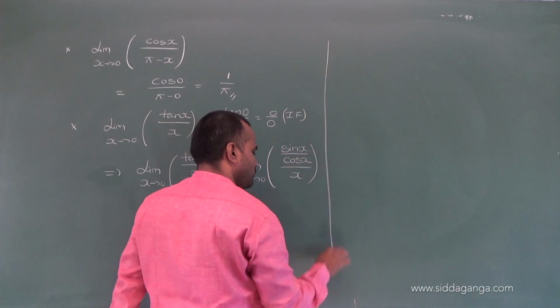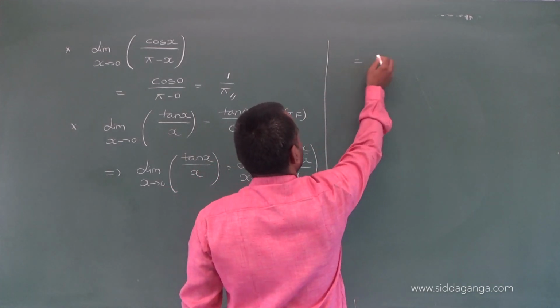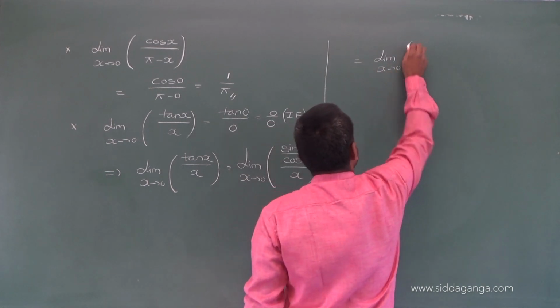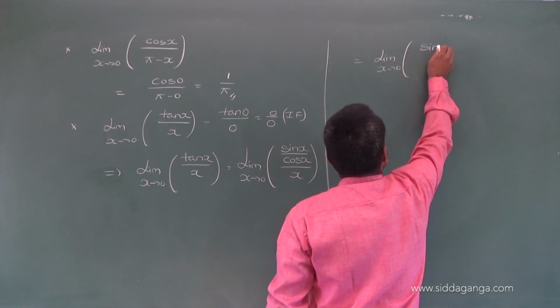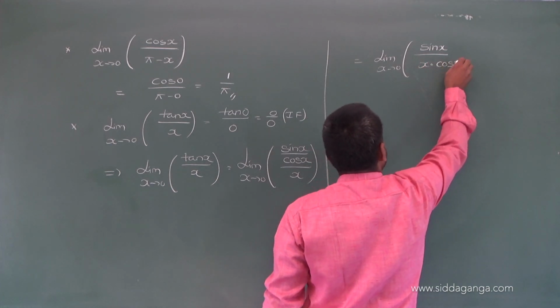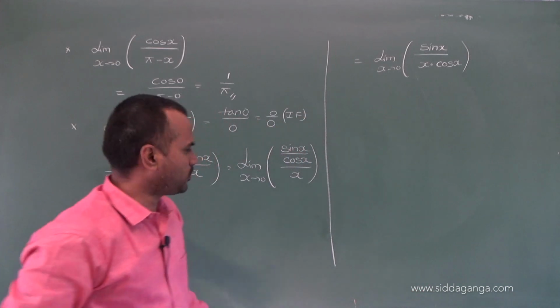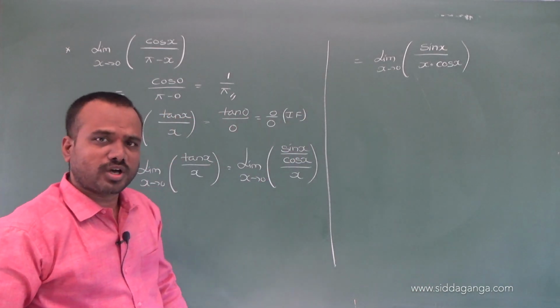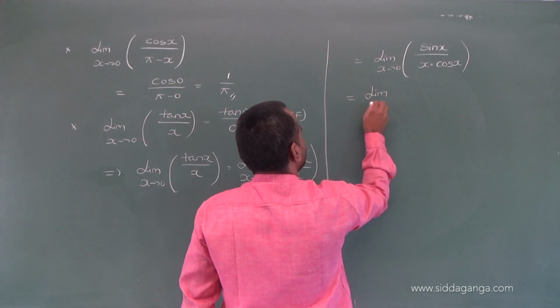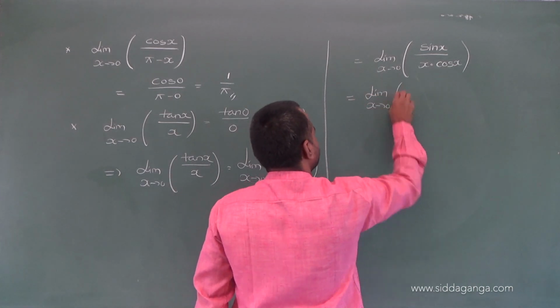So the next step, that is equal to limit x tends to 0, sin x divided by x into 1 by cos x. We write like this. Yes, no problem.